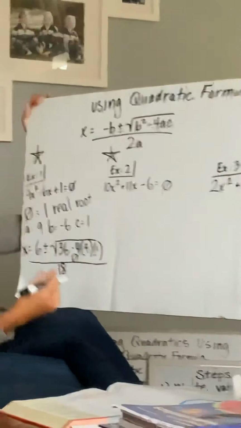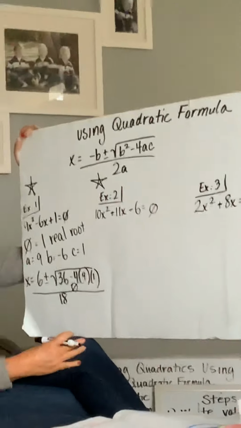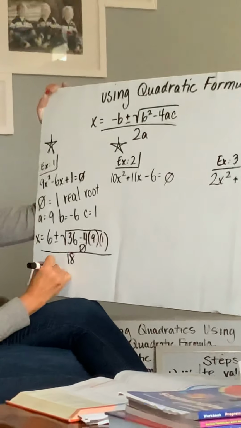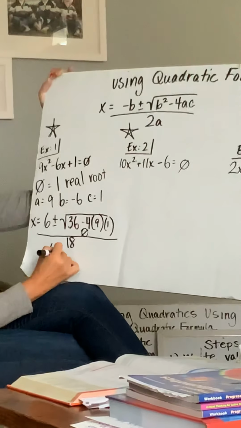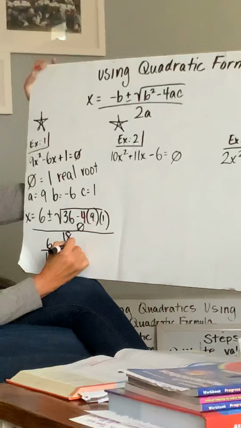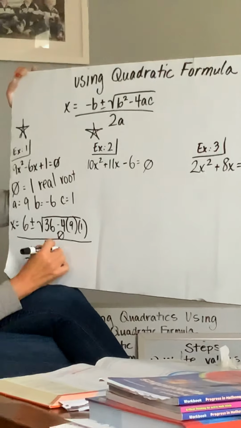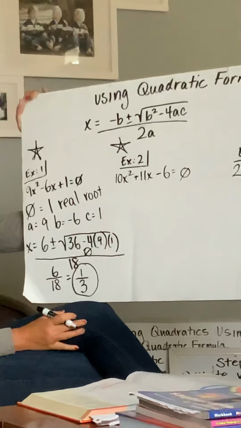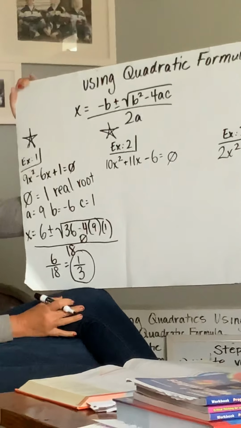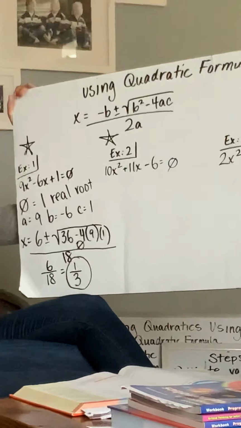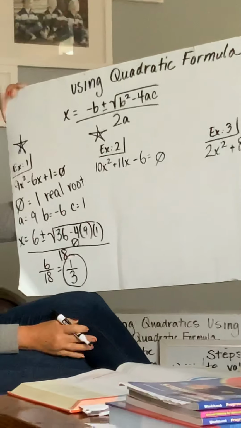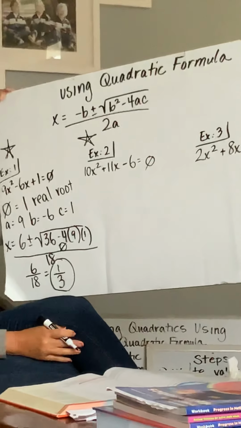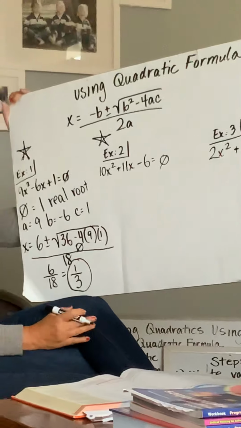So 6 plus 0, 6. 6 minus 0, 6. So 6 over 18, how does that simplify? 1/3. So your answer to this one would be 1/3. All right? So do you see how that cancels down into only one real root? Because you're going to have the same. Dealing with the whole identity property of 0, right, guys?